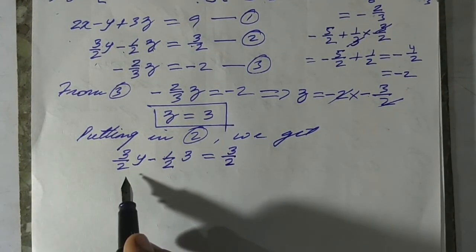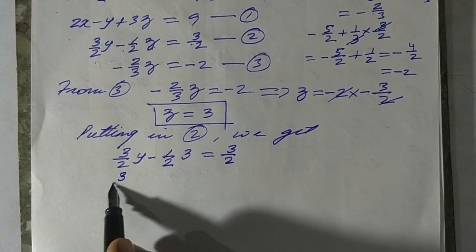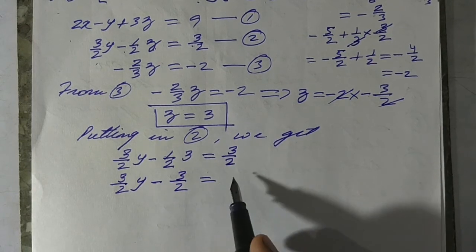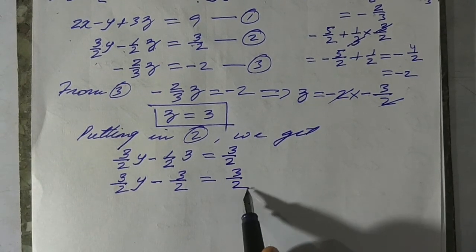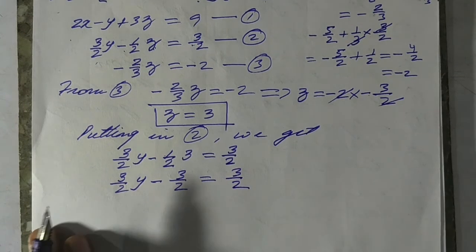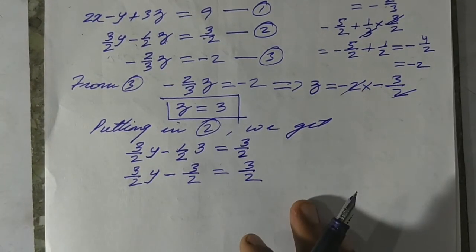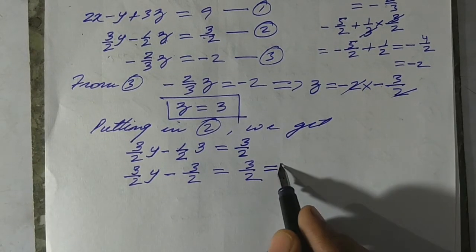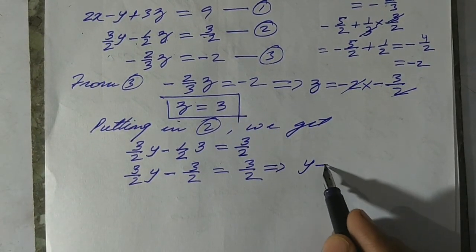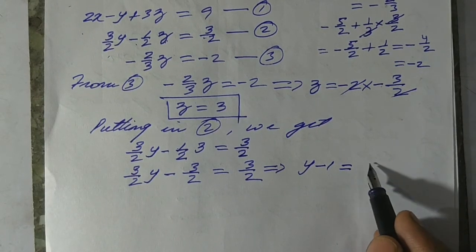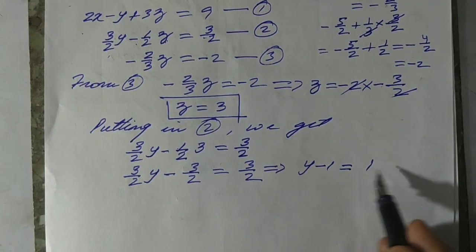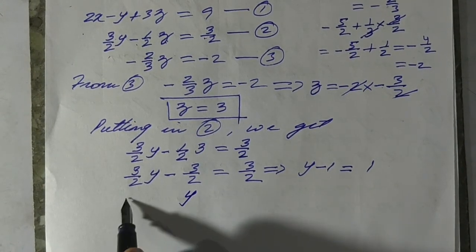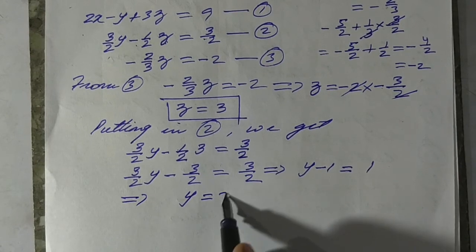So we get 3 upon 2y minus 3 upon 2 is equal to 3 upon 2. And if we divide every term by 3 upon 2, we get y minus 1 is equal to 1. Transposing this 1 to that side becomes positive, and ultimately we get y is equal to 2.